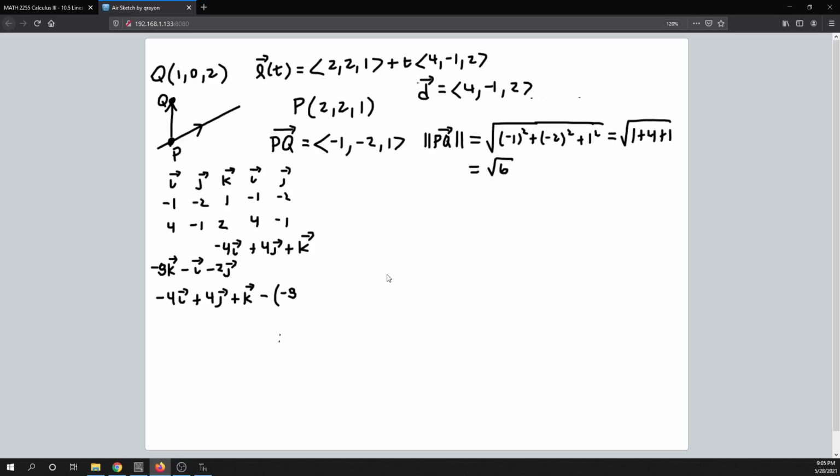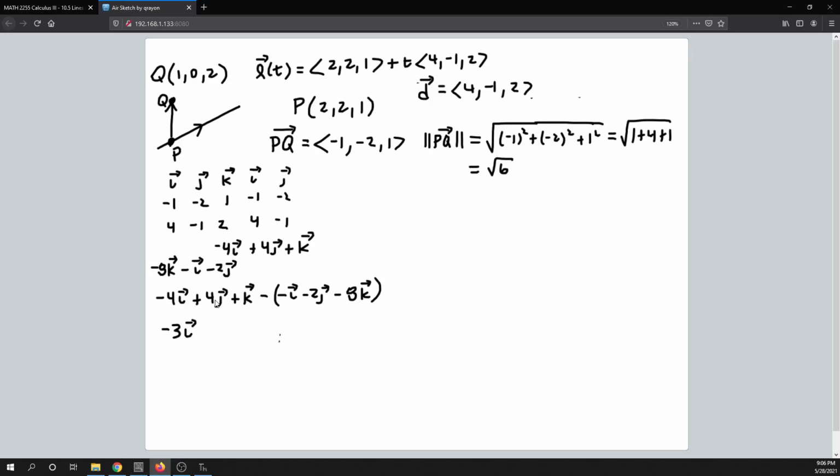Actually, I want to rewrite that in the standard order. So that'd be minus 1i, minus 2j, and minus 8k. All right, and working that out, I get negative 4i minus a minus i, so that's going to be minus 3i.